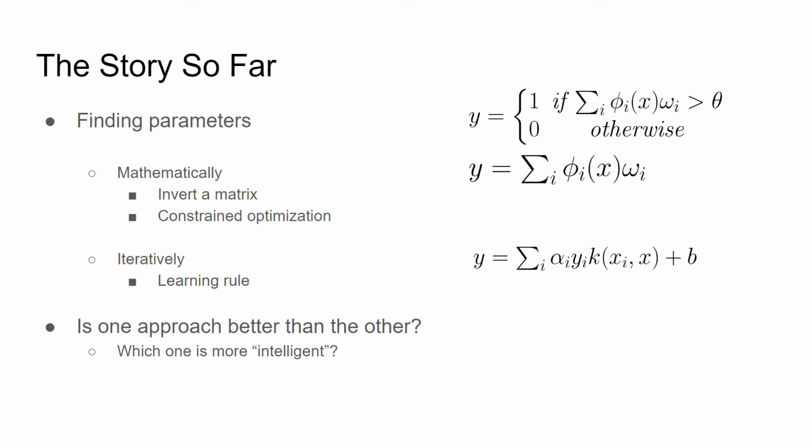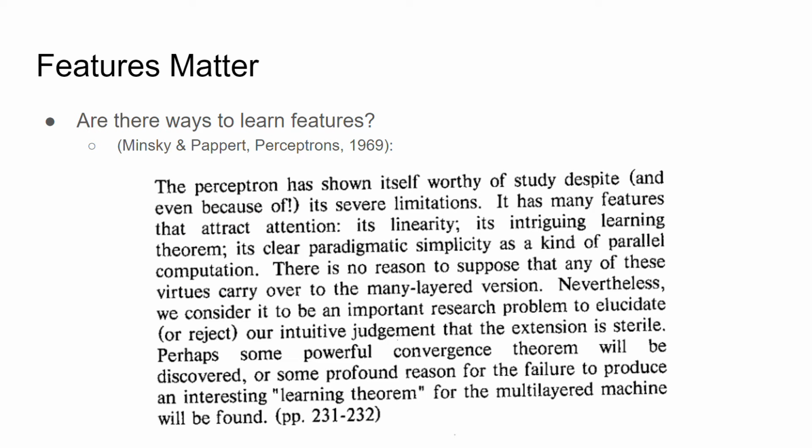We were always either given a set of features, or we decided, oh, I'm going to use polynomials as my features, or I'm going to randomly generate some features, or I'm going to use this weird kernel trick that gives me a particular set of an infinite number of features. So we're picking them. In none of those cases are we actually learning features. And people have wanted to learn features for a really long time.